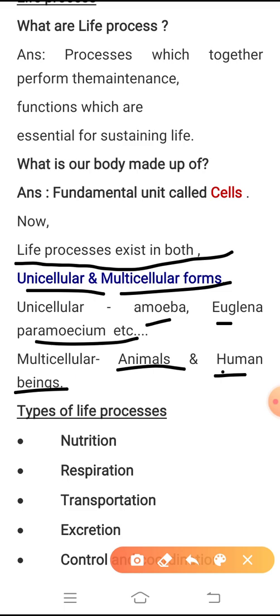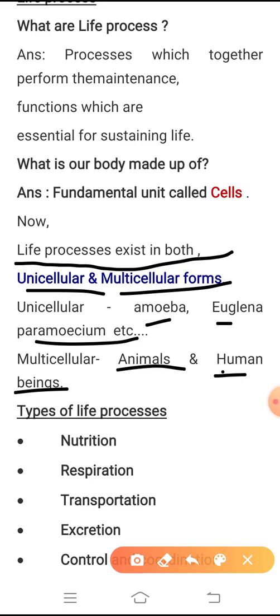Suppose we consider an amoeba as a single-cell organism. Even that unicellular organism has to perform all the activities which a multicellular organism is performing. But the unicellular organism, that is amoeba, does not have any specialized organs to perform specific activities because it is completely in contact with the external environment.